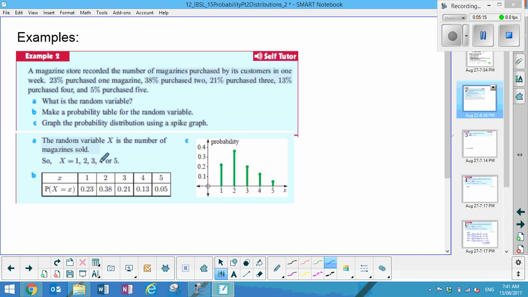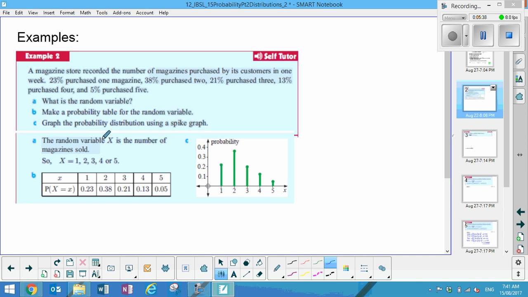It doesn't make sense to include 0 because then they didn't buy any magazines, so it's not part of our probability. Unless you surveyed all customers, you'd have to then put a percentage of who didn't buy any magazines, but this was a particular emphasis on the data.